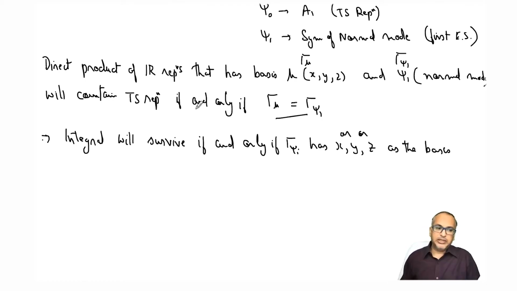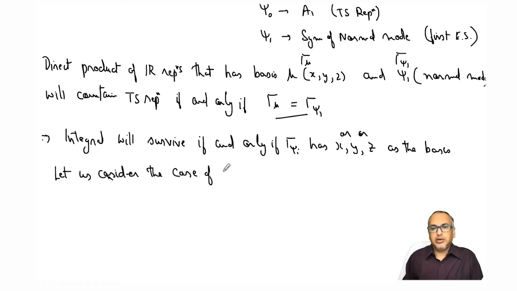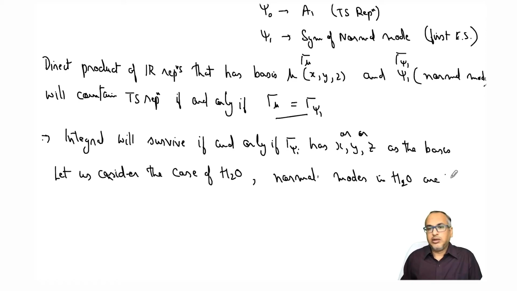Okay, so now let us see what happens in the case of water. We have seen that the normal modes in water are 2a1 and b1.